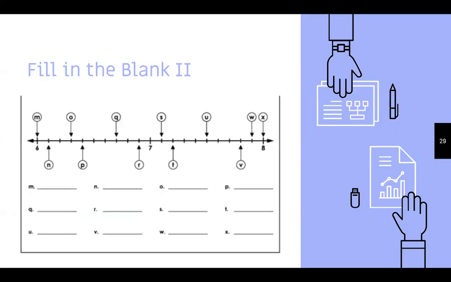So let's try again, but a different number line. We start at 6 and we're going to 8. I'll give you that: M is 6. Now let's keep going.